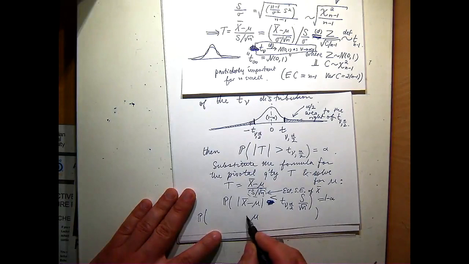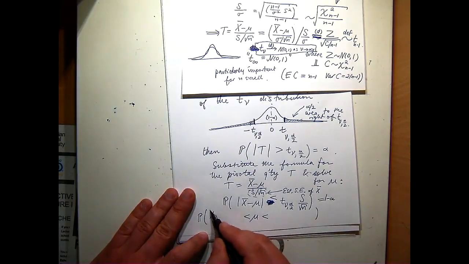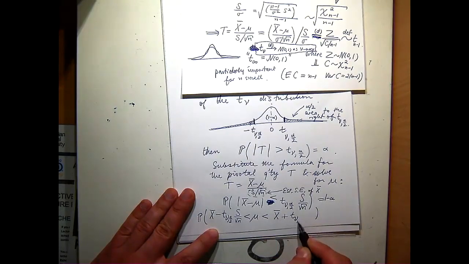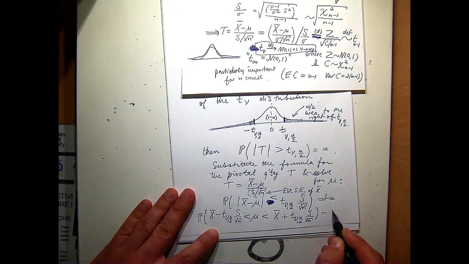And that'll allow me to express it in this range. μ is between x bar minus t_{ν, α/2}, which is the quantile, times s over root n, and x bar plus t_{ν, α/2} times s over root n. The probability of that is exactly 1 minus α.